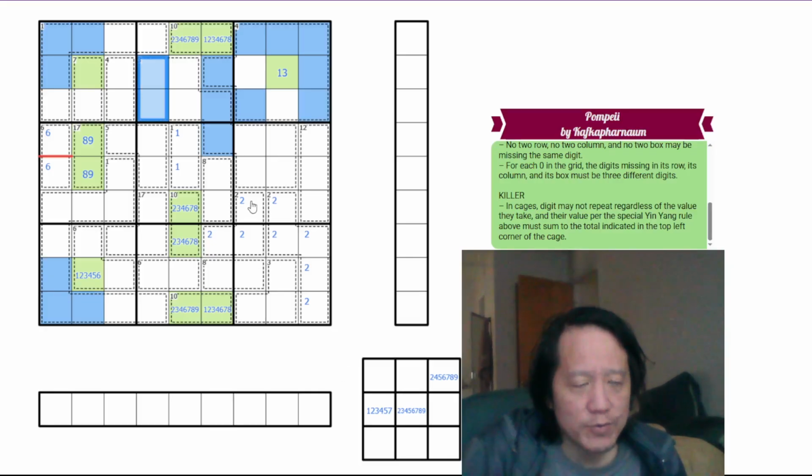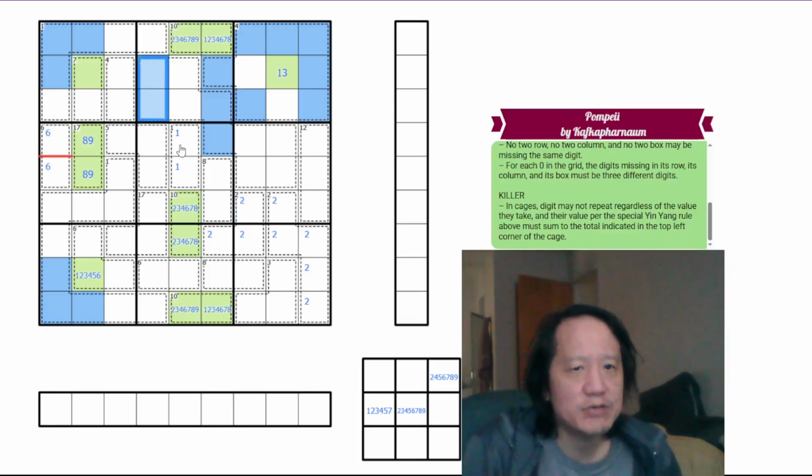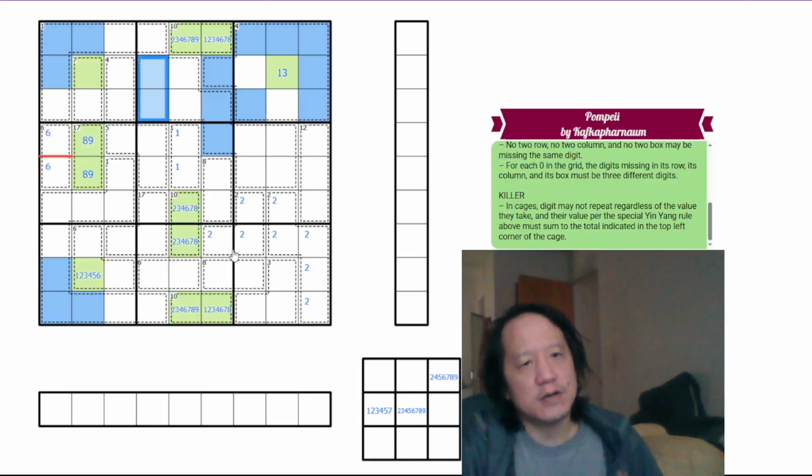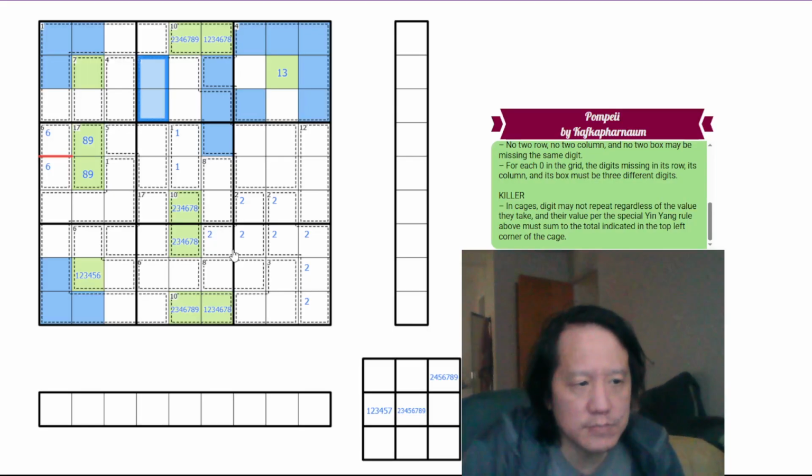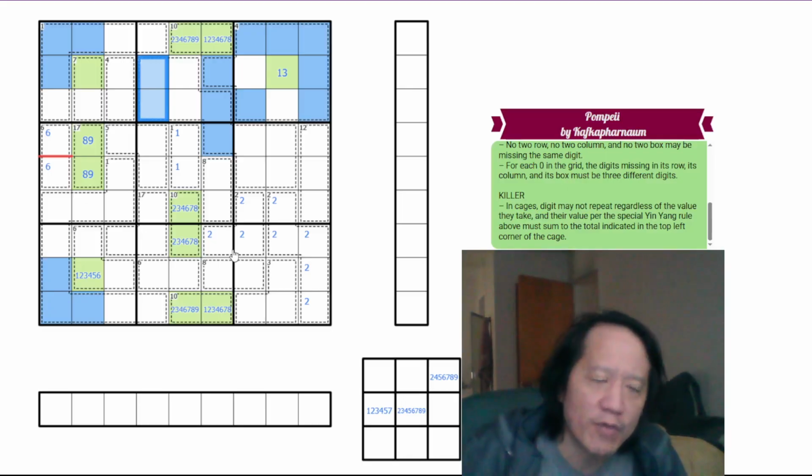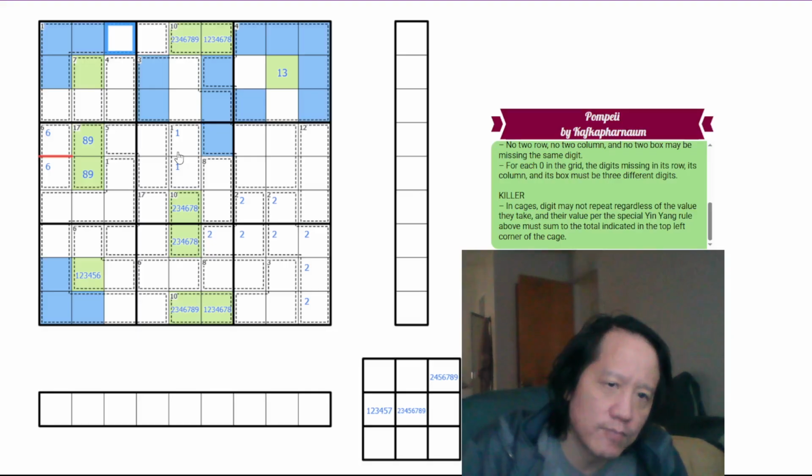Okay. We know those are blue. Maybe that it swaps here or swaps here.